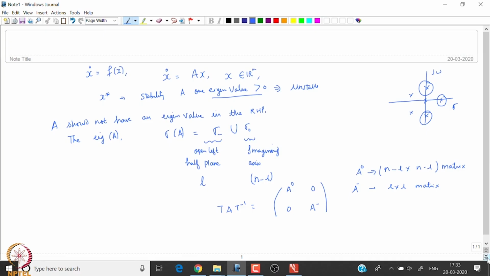Okay. So in the transformed coordinates, I can write Z as T times x minus x star, star being the equilibrium.